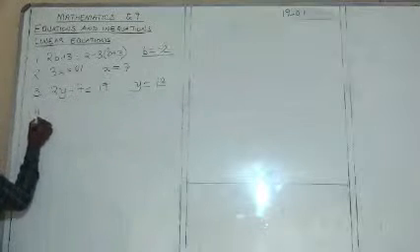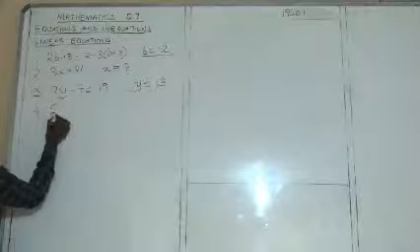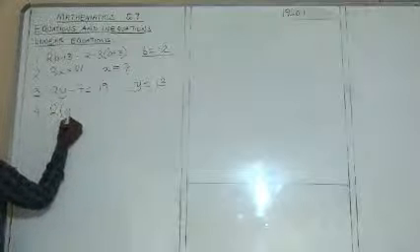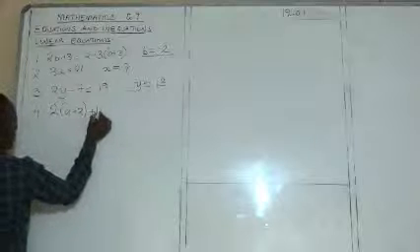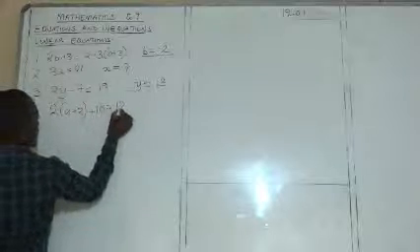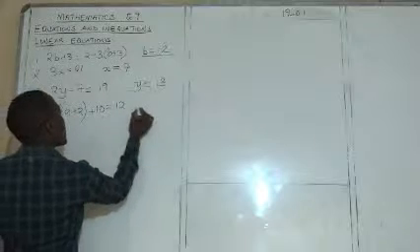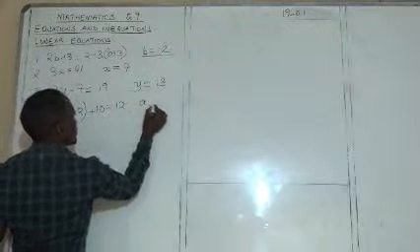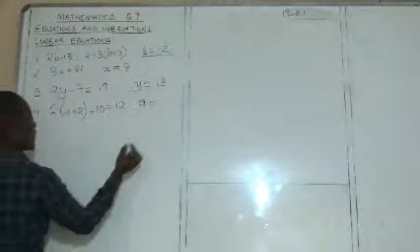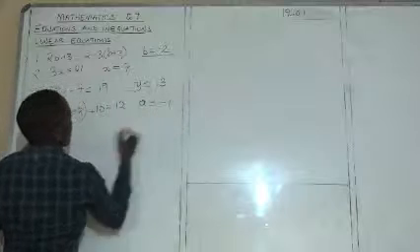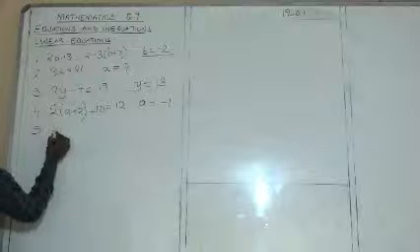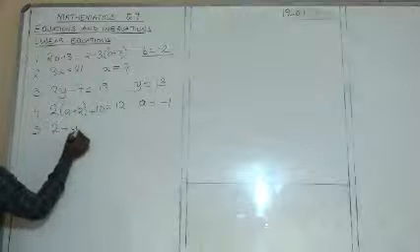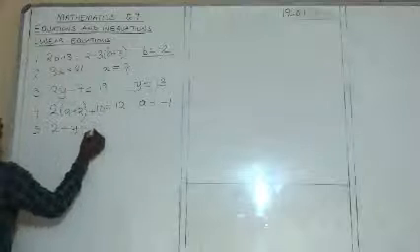The fourth one is 2 multiplied by a plus 2, then plus 10 is equal to 12. So the variable in this question is a, so calculating the value, a is equal to negative 1. Then the fifth one is 2 plus y is equal to 7.